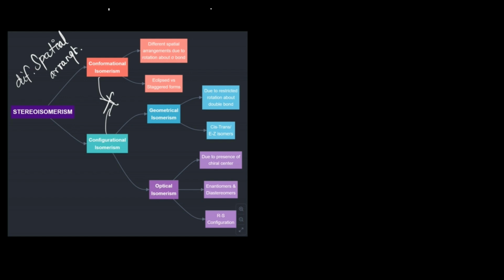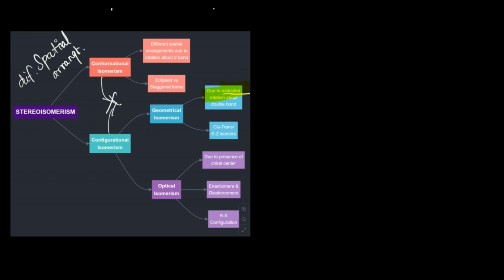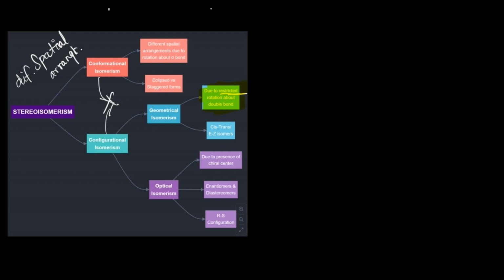First, configurational isomerism. Here I am going to take geometrical isomerism first. What is geometrical isomerism? It has restricted rotation. What is restricted rotation?